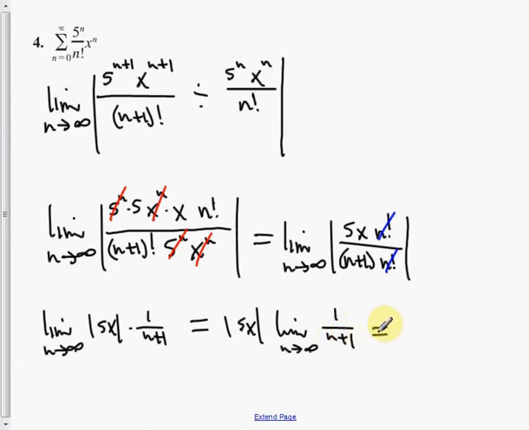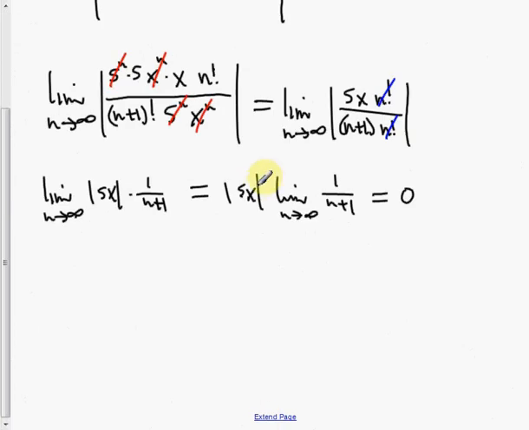What's the limit of 1 over n plus 1 as n goes to infinity? 0, right? Because we're looking for the choices of x by which this power series is convergent, every choice of x plugged into that limit gives 0. For example, if x is 1,000, I have 5,000 times the limit of 1 over n plus 1, which is 0. For any choice of x, the limit is always 0.